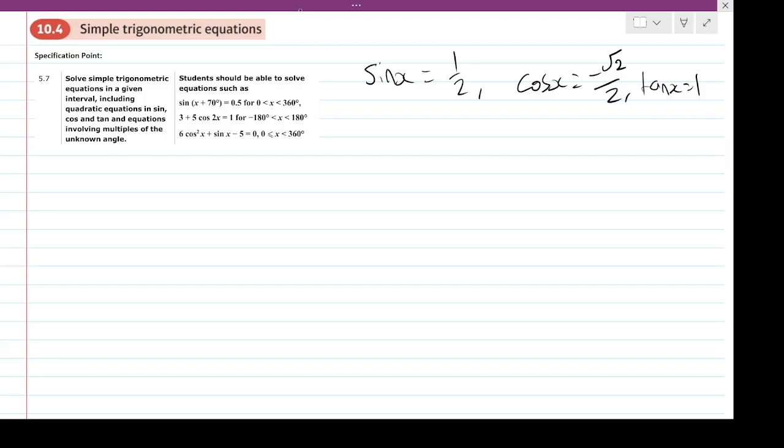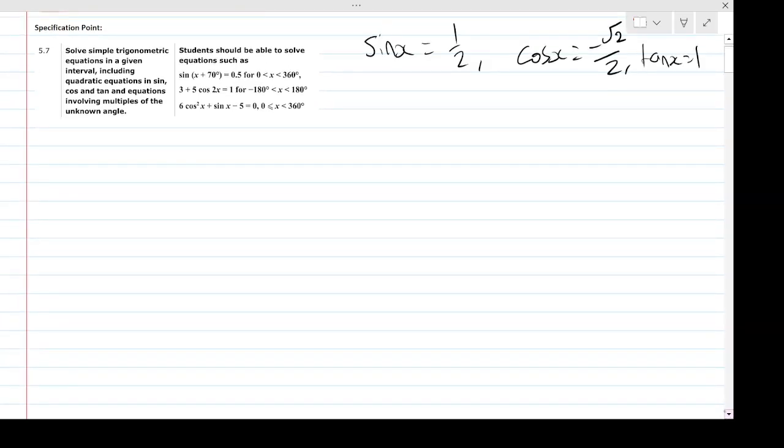I'm going to try and start simple then. Before we look at proper examples, I'm going to cover the different types of solving we'll be doing to cover all bases, right? So I'm going to try to do fairly simple examples here. Let's start off then. So first of all, we might get, say, an equation like sine x is a half, right?